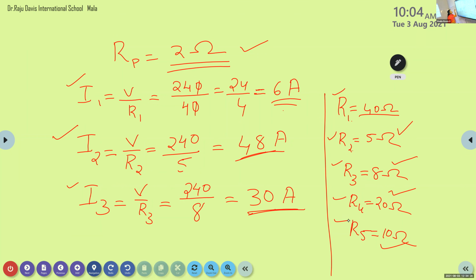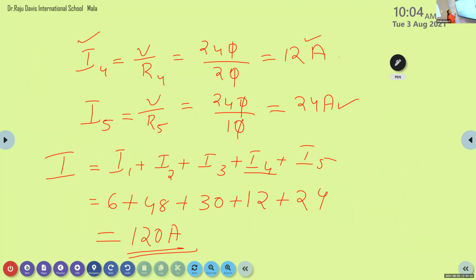To calculate the current through each resistor, we use Ohm's law. The general equation is I is equal to V by R. From that we calculate I1, I2, I3, I4 and I5. Then that sub question is over.